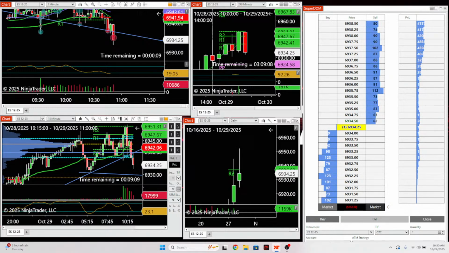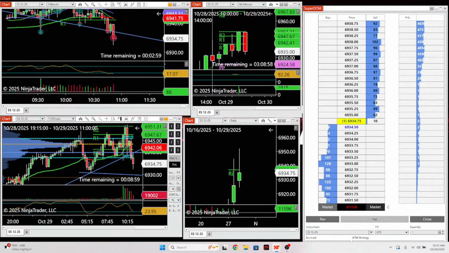So we did break below the 36 early. Let's see, is that a liquidity sweep? Did we get the 10-point head and shoulders?